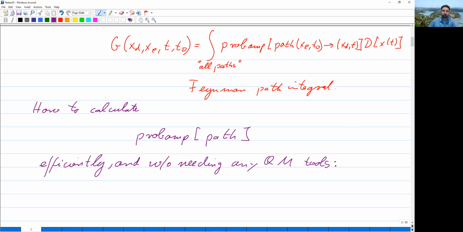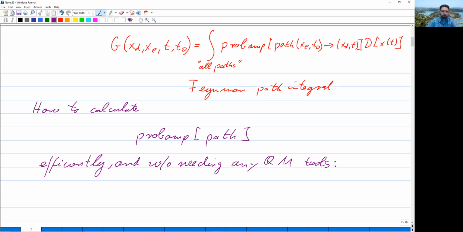This is possible. And because we can calculate the probability amplitude for a path without knowledge of anything that we did so far in this course, because of that fact, the Feynman path integral can stand on its own.